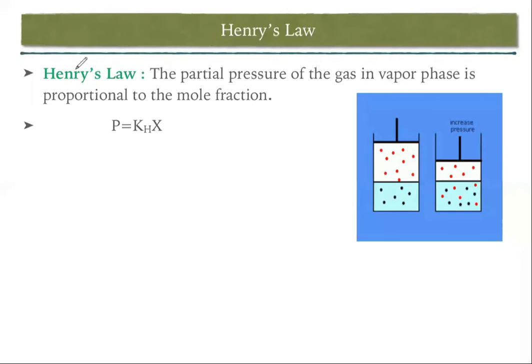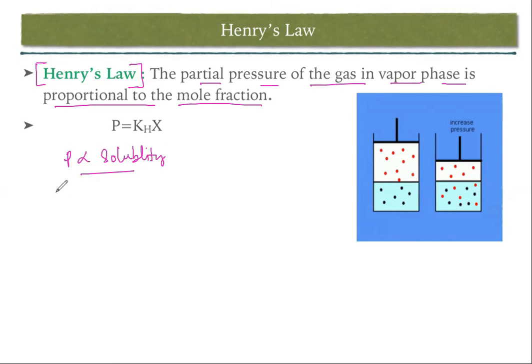Now let us discuss Henry's law. Henry's law states that the partial pressure of the gas in the vapor phase is proportional to the mole fraction. As we have discussed, pressure is directly proportional to the solubility, right? To understand that concept very clearly, let us take this picture.